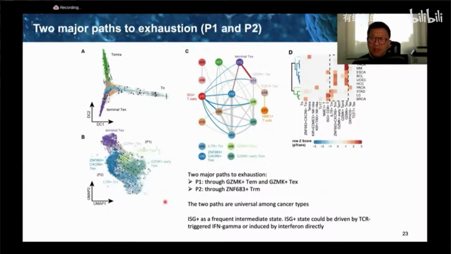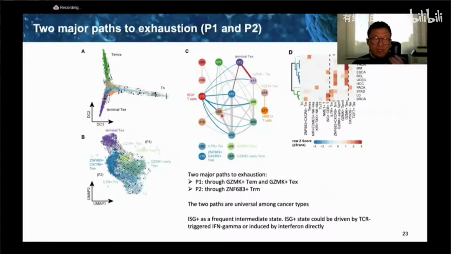One path goes through the GZMK positive TEMs, and we call this P1. The other passes through the ZNF683 TRM cells, which we initially labeled as pre-exhausted T cells. We call this P2.